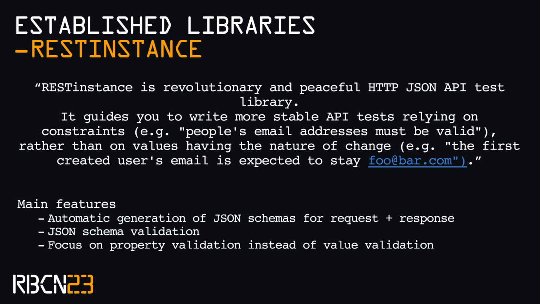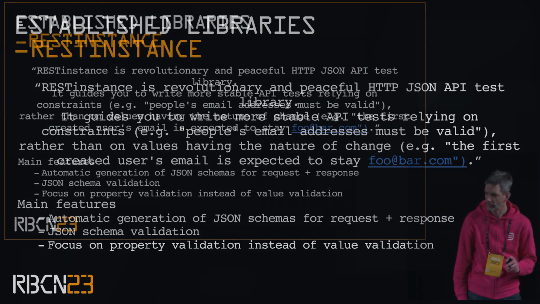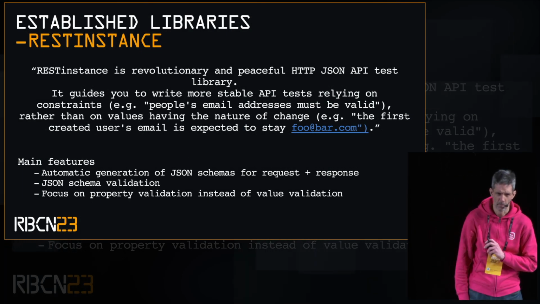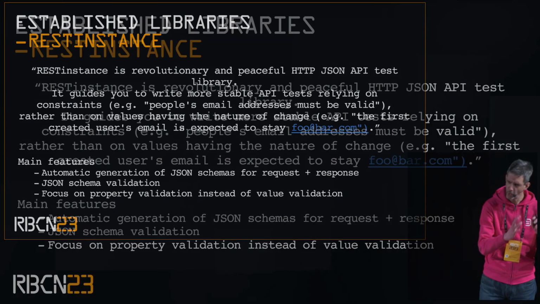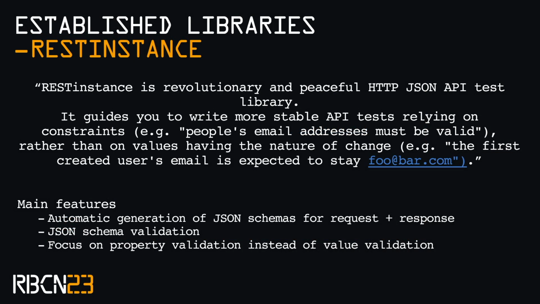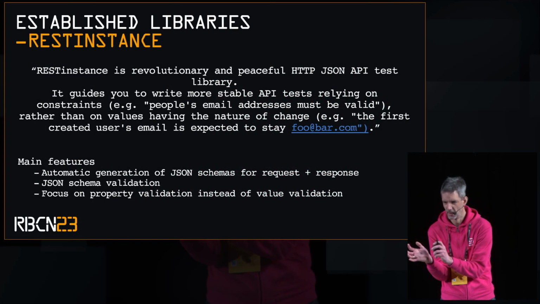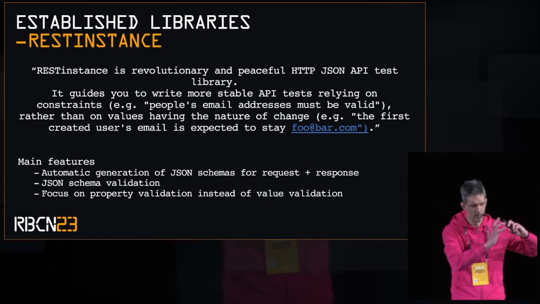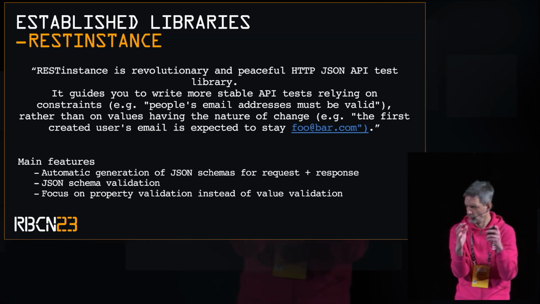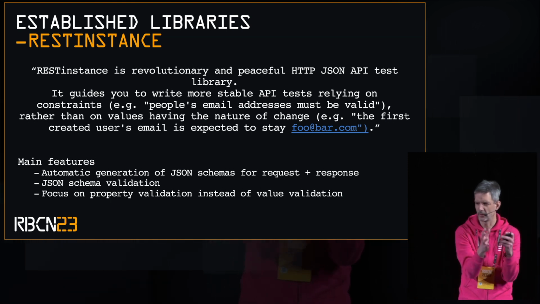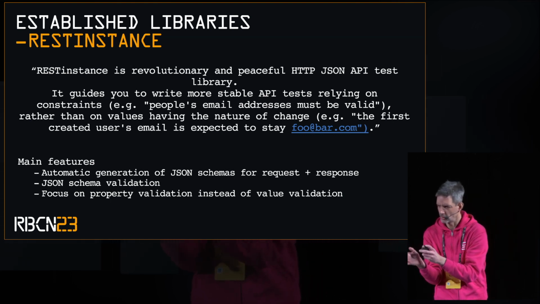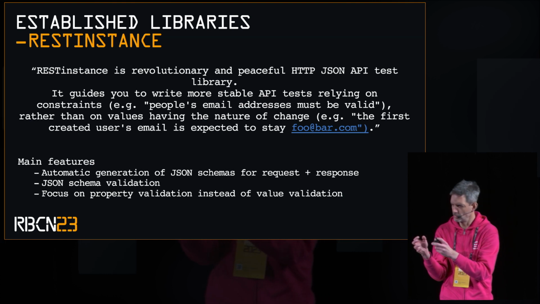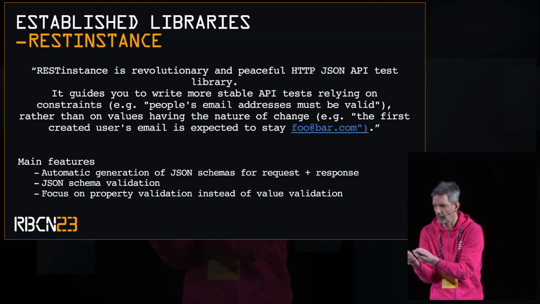It has automatic generation of JSON schemas for requests and responses. It has JSON schema validation, and it's more focused on property validation instead of value validation. The idea is, if I get some user, I expect there to be a name, and I expect that to be a string, or maybe an age that I expect to be an int or a float.